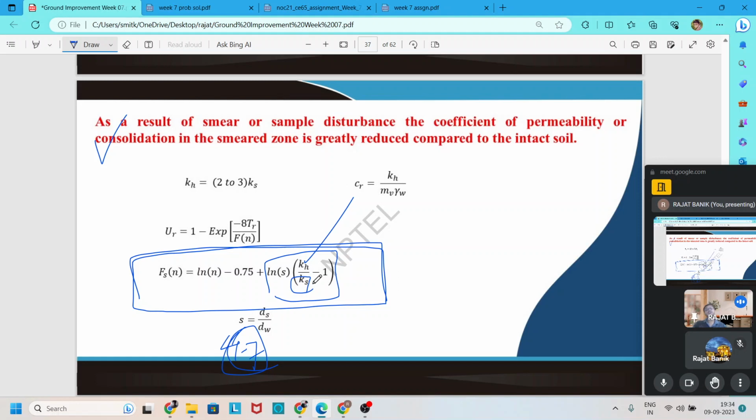We need to consider the smearing effect. In this way we modify our formula and find out the radial degree of consolidation when we consider the smearing effect.